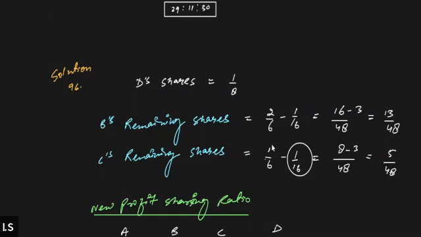Is that right? Yes, sir. So by subtracting 1/16 out of 1/6, you should get 5/48, that is, 8 minus 3 over 48.